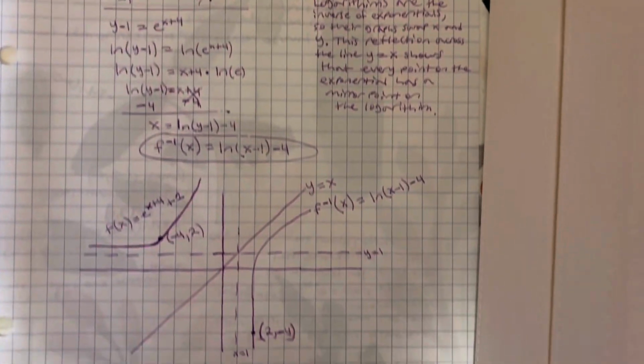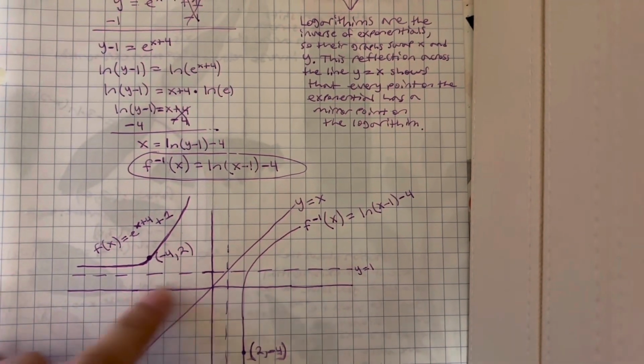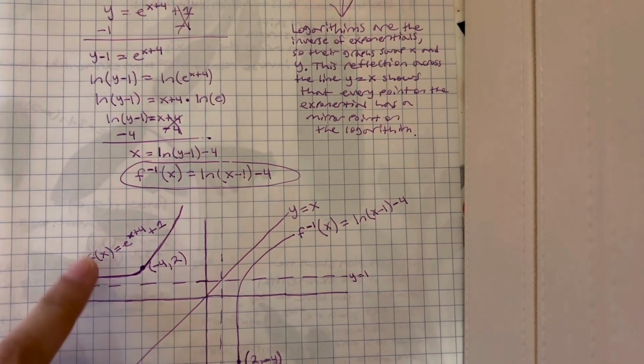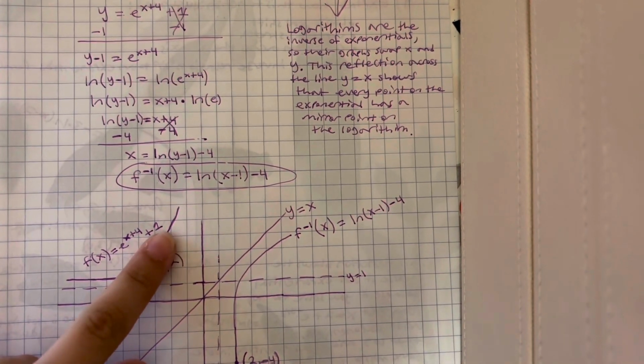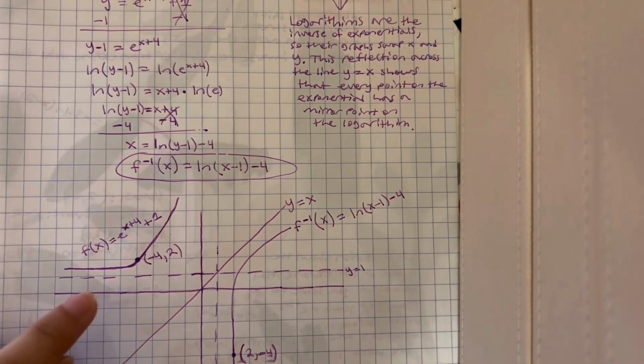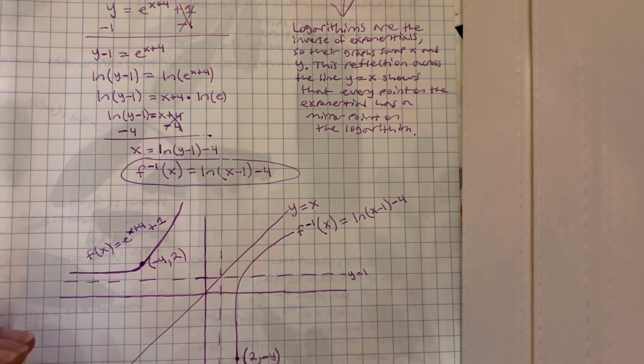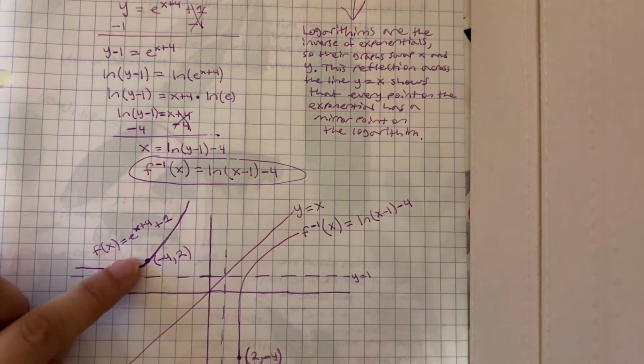Now over here we can see on the graph that we have the y equals x line. We have an asymptote of y equals 1 for e to the x plus 4, plus 1. And then because we have this asymptote of y equals 1, the graph is shifted to pass through the point (-4, 2).